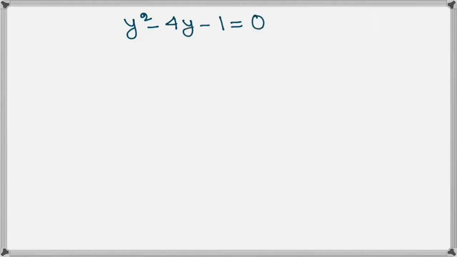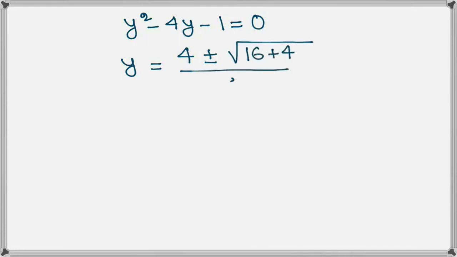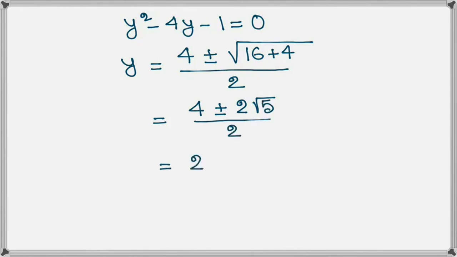So when we solve it for y, we obtain that y is equal to 4 plus minus square root of 16 plus 4 divided by 2, which is same as 4 plus minus 2 square root of 5 divided by 2, and this is same as 2 plus minus square root of 5.